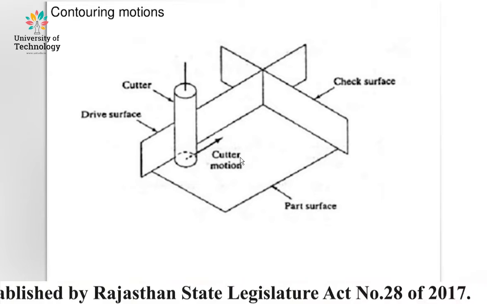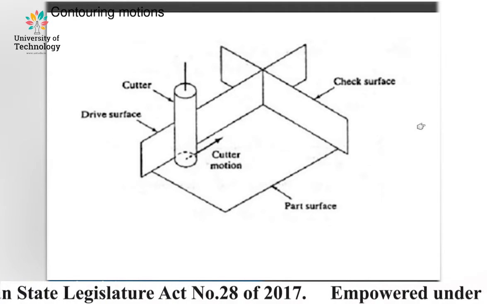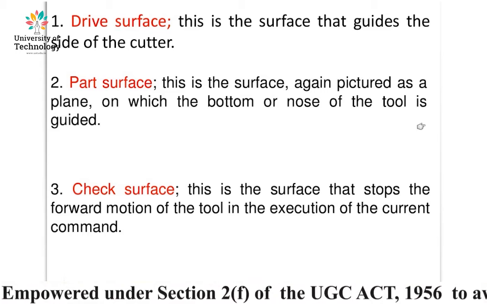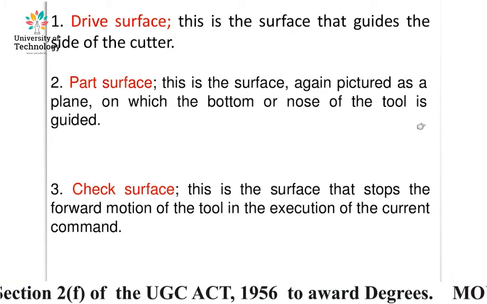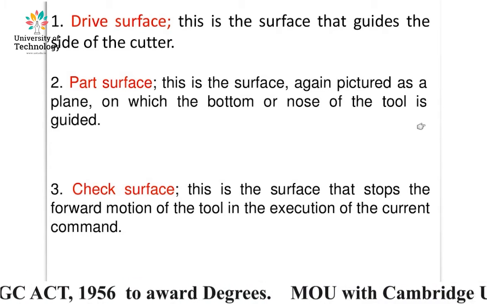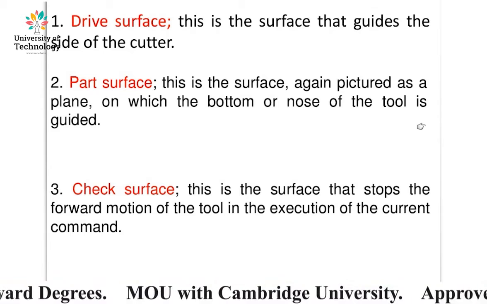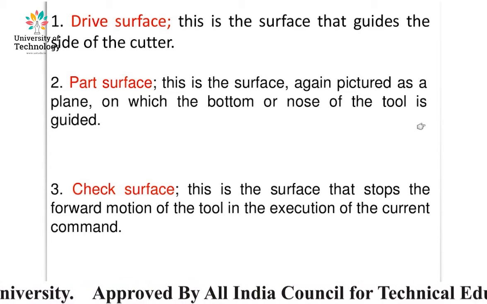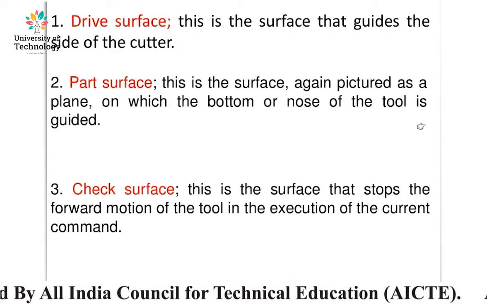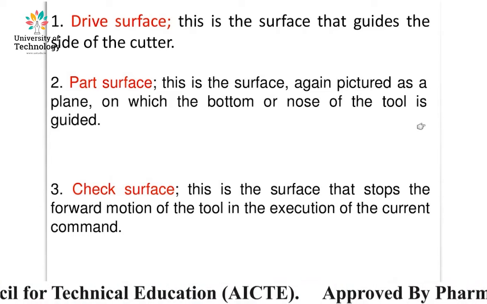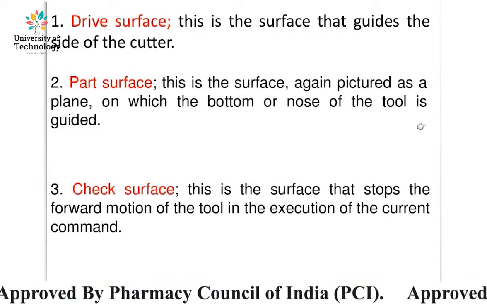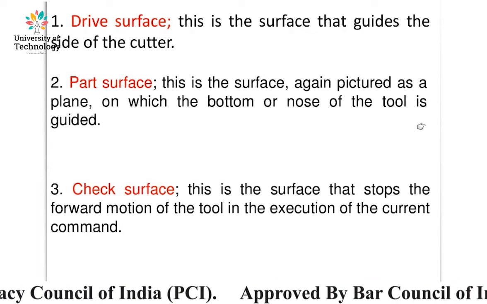These are the three basic contouring motions. The drive surface is the surface that guides the side of the cutter. The part surface is the surface, pictured as a plane, on which the bottom or nose of the tool is guided. And the check surface is the surface that stops the forward motion of the tool in the execution of the current command.